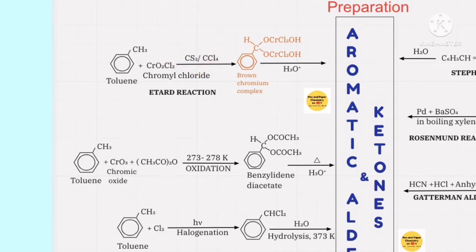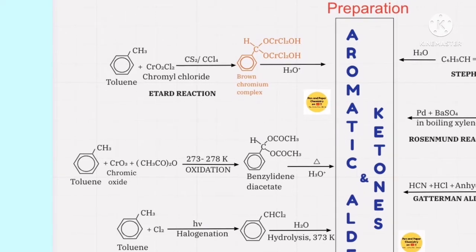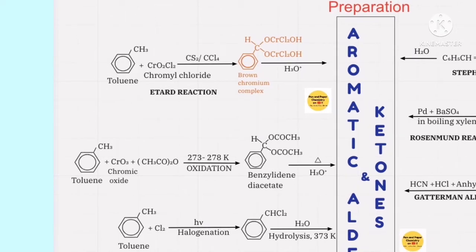So what is happening over here is, in this structure, the chromyl chloride CrO2Cl2, what we've done is we've just rearranged it and we've put it as OCrCl2, and the second O combines with the H. Now this is not the mechanism. As I always say, these are only steps to make things easy for you, right?